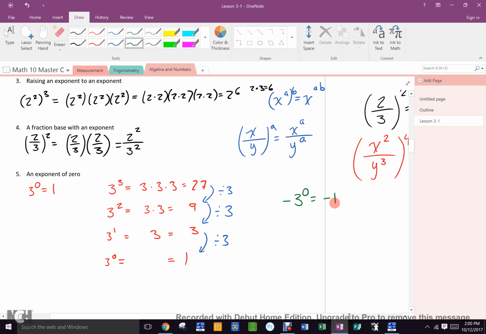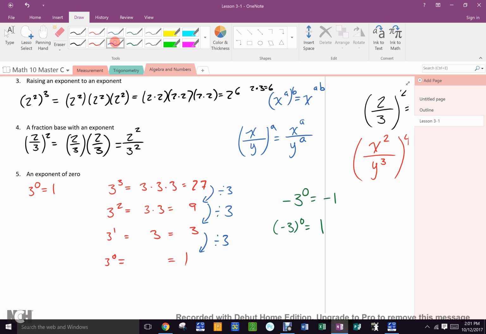Why? Because Jake used his calculator. But why is it really? 3 to the 0 is 1, and the negative in front stays there. What then is this? 1. Because that negative is part of the base, and every base to the 0 is 1.